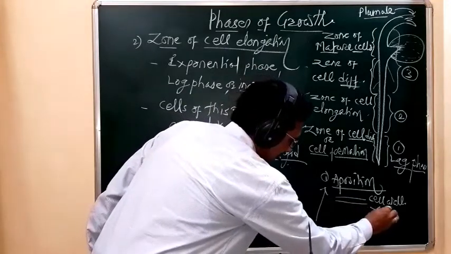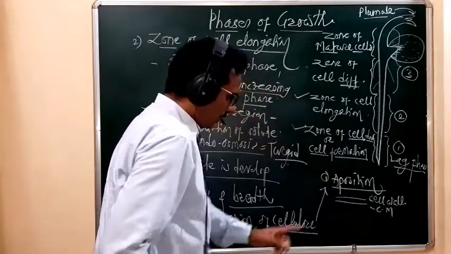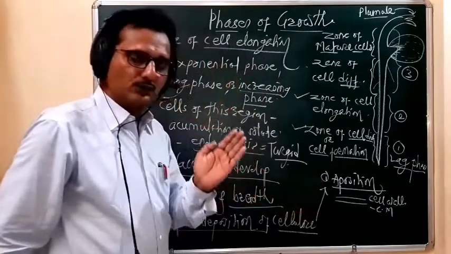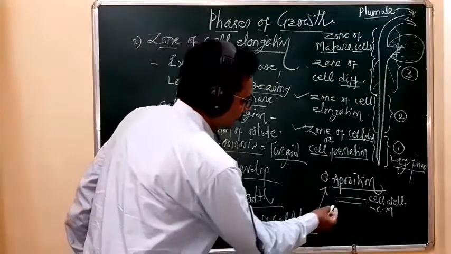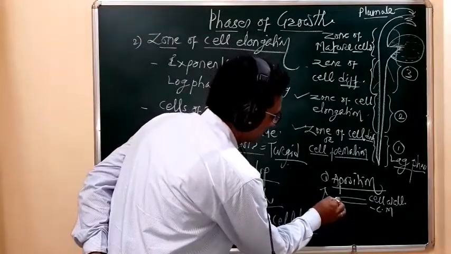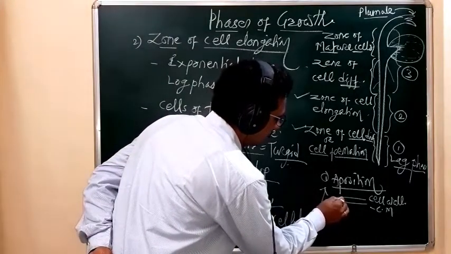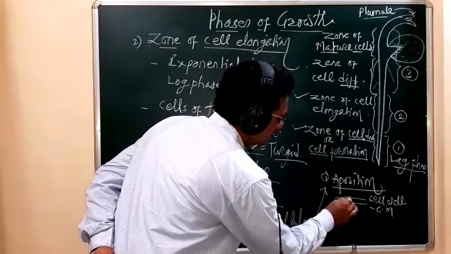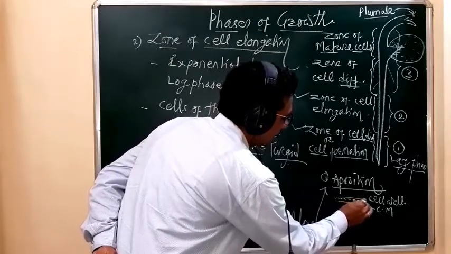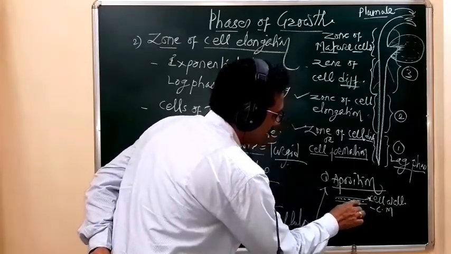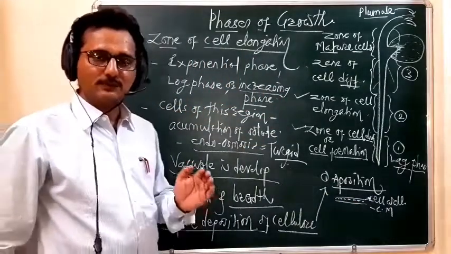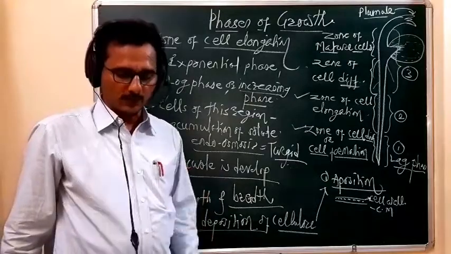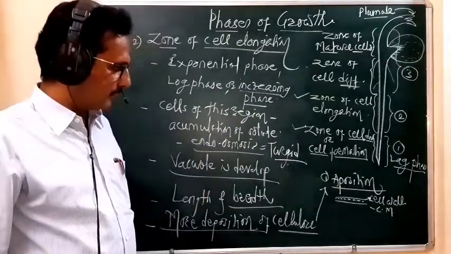The cellulosic material is deposited from the inner side of the previous cell wall. When the cellulose is deposited like this, it is called apposition type of deposition.